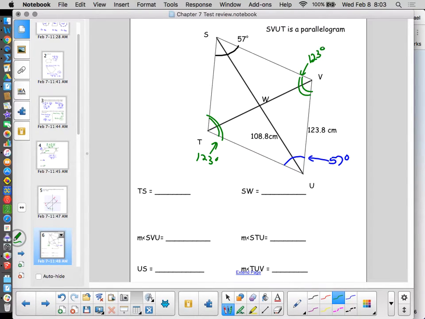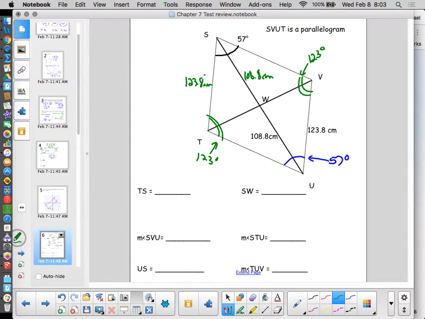Because consecutive angles are supplementary and opposite angles are congruent in parallelograms. I know that if this is 123.8, then this must be 123.8 over here. Okay, if this is 108.8, then this must be 108.8 there. Because again, the diagonals do bisect each other and the opposite sides are congruent.